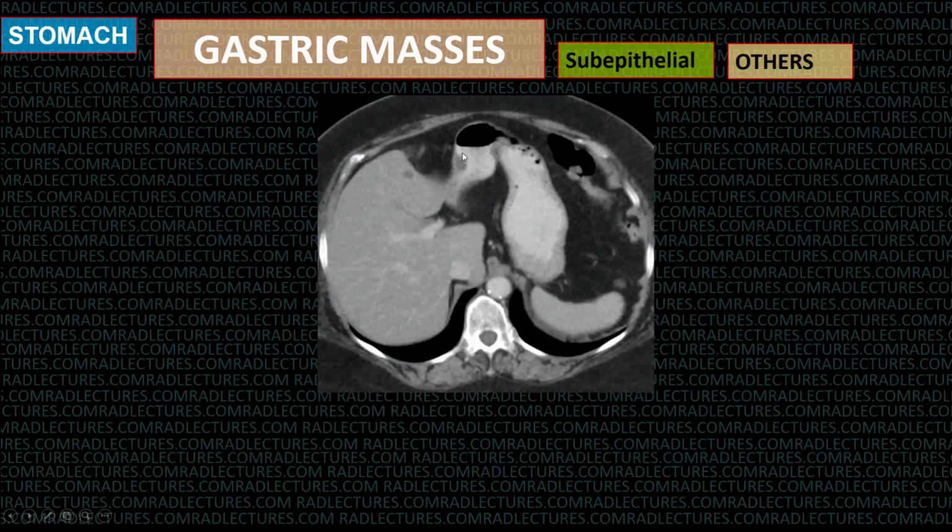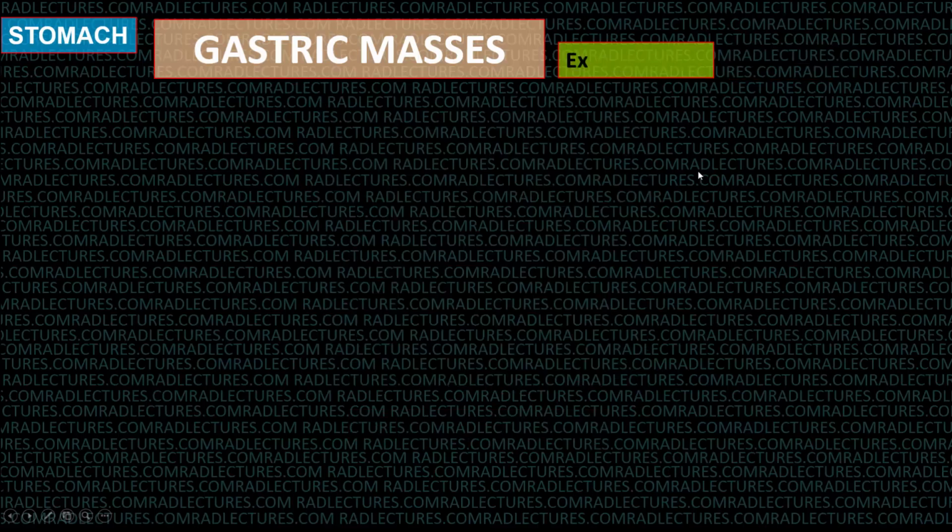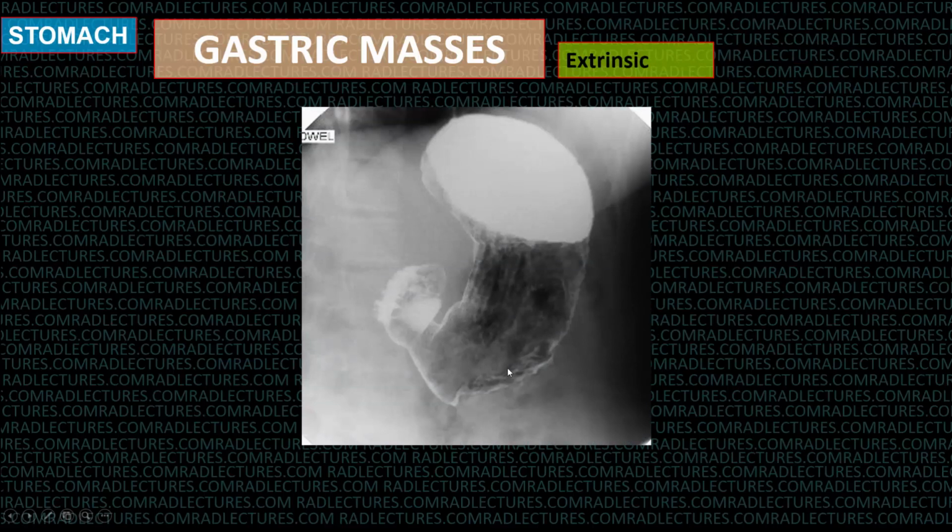Another subepithelial tumor here. And this one, when we put the ROI on it, this was fluid signal intensity. So this is a small duplication cyst of the stomach in the wall, and it can appear as a subepithelial tumor. Extrinsic gastric masses will give rise to stretching of the folds, or if they invade the wall of the stomach, they may cause irregularity.